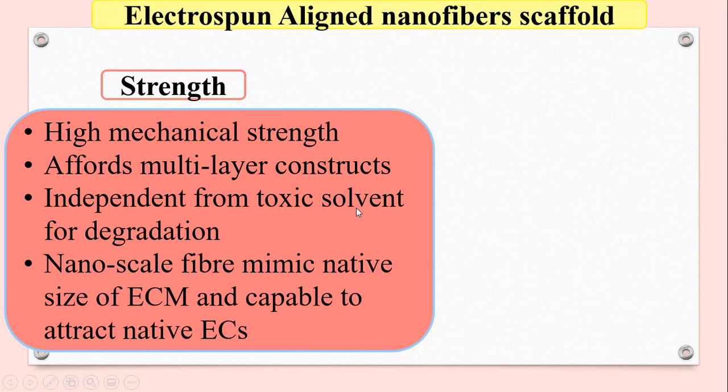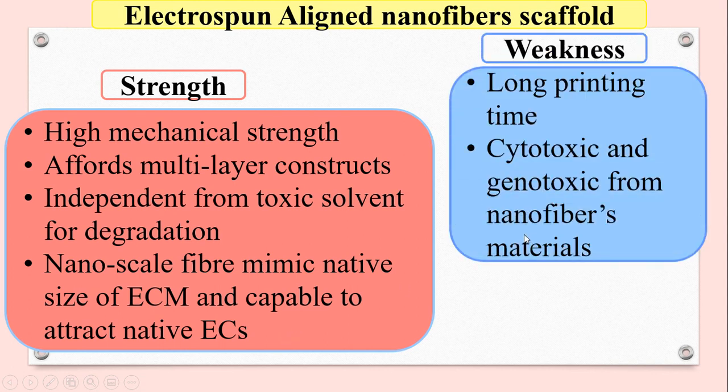The strengths of electrospun aligned nanofiber are high mechanical strength of the multi-layer construct and independence from toxic solvent for degradation. Nanoscale fiber mimics the native size of ECM and is capable of attracting native endothelial cells.